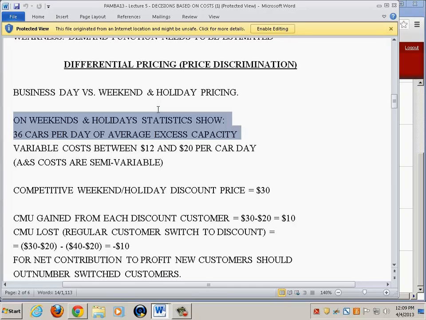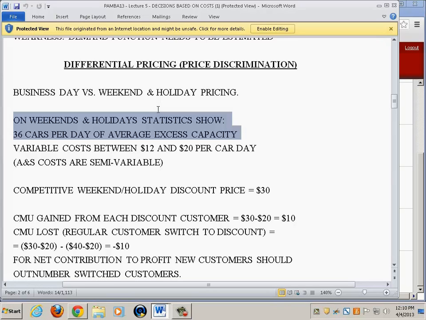Let's assume that your variable costs, given these examples, well, we're saying they vary between 12 and 20, and I'll explain why in a moment. But let's assume that they're $20 per car day variable cost, which includes $10 depreciation, $2 maintenance is $12, and $8 selling and admin. So $20 per car day variable costs.